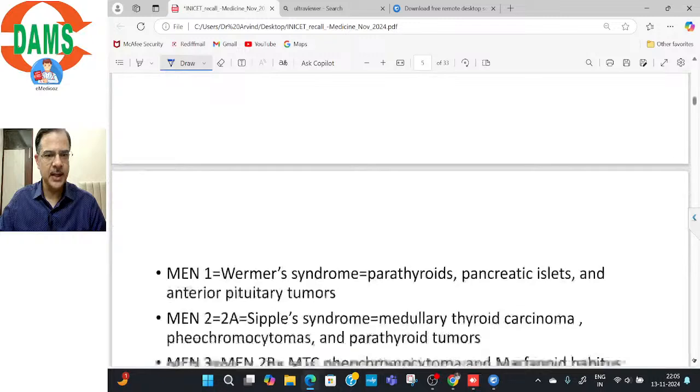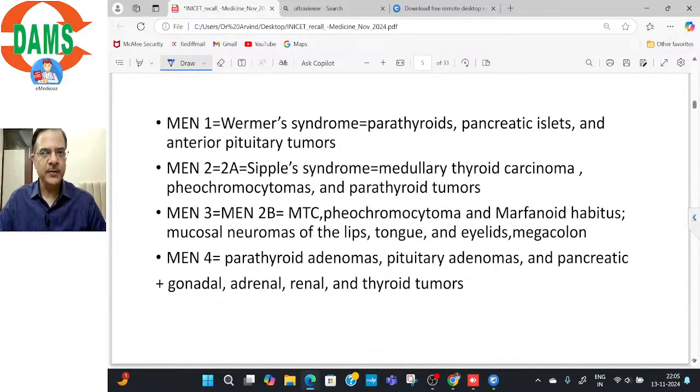MEN1, also known as Wermer syndrome, most commonly involves parathyroid tumors, pancreatic tumors and pituitary tumors. So it is a combination of triple P.